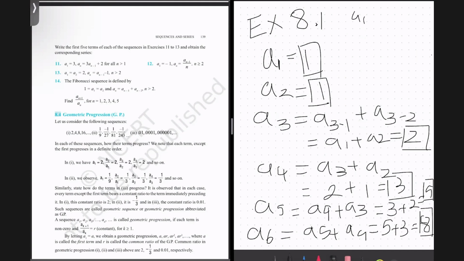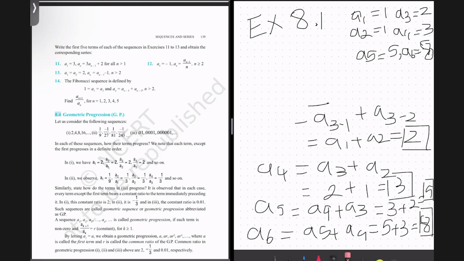So a of 1 equals 1, a of 2 equals 1, a of 3 equals 2, a of 4 equals 3, a of 5 equals 5, a of 6 equals 8. Correct.